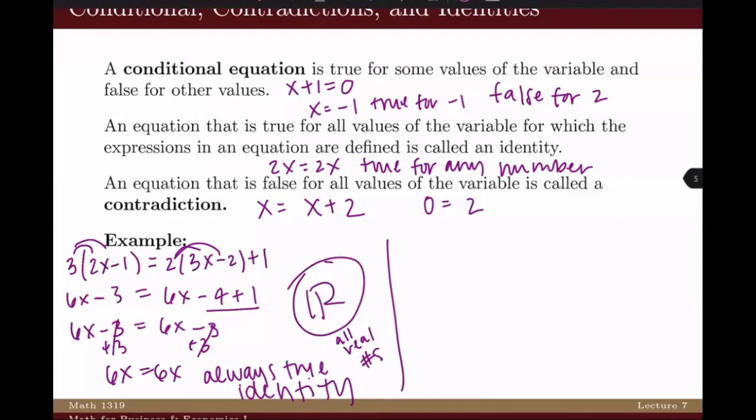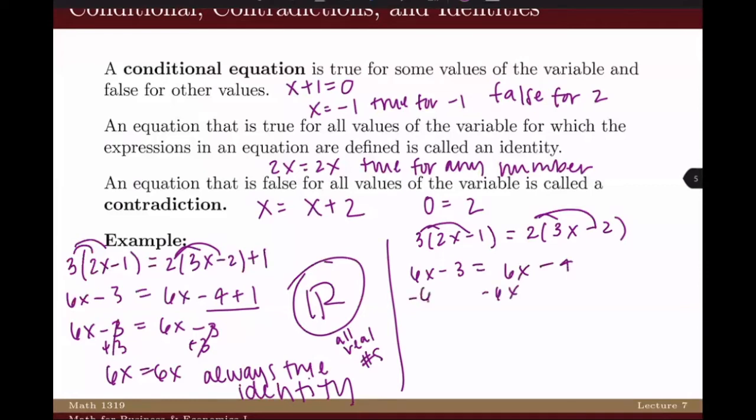Okay, next, let's do one more example. Let's do something kind of similar. So let's say we had 3 times 2x minus 1 equals 2 times 3x minus 2, right? So again, we'll start by multiplying this 3 in. So we'll get 6x minus 3 equals 6x minus 4.